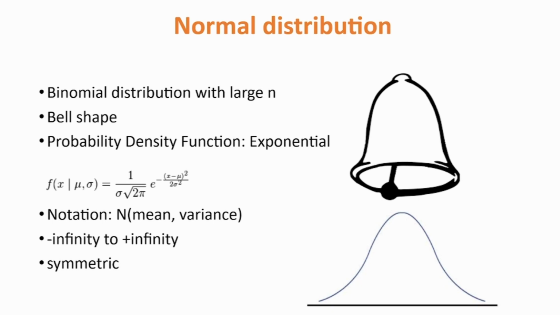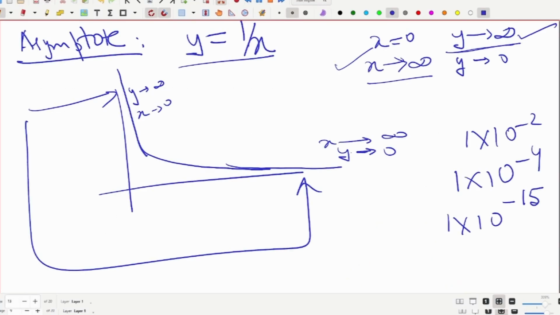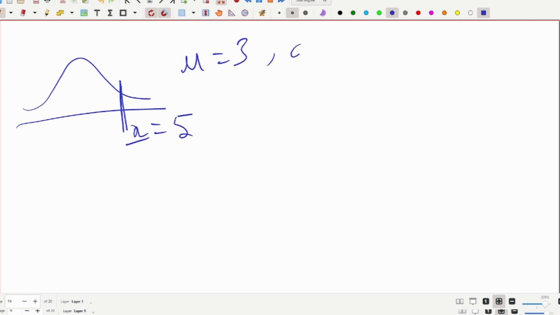Now, we will come to the R console, but before that we will again demonstrate something. Frankly speaking, it is very difficult to know what these values are. If I ask you, this is a normal graph, get me the value of this normal graph at this particular point, let us say x is equal to 5, where mu is 3 and sigma is 2.